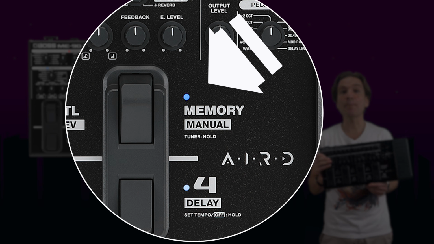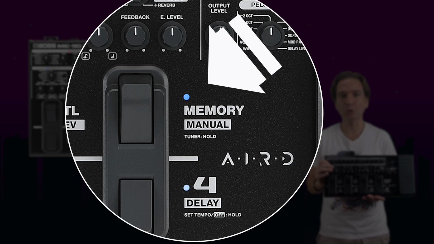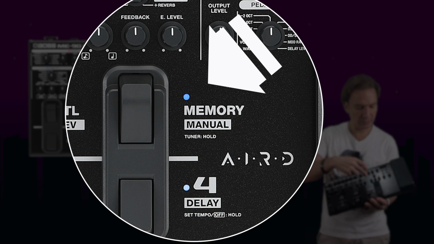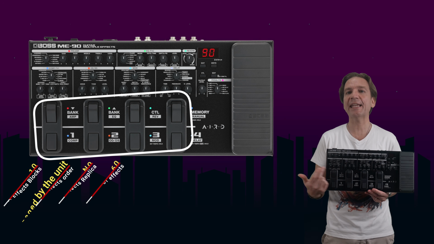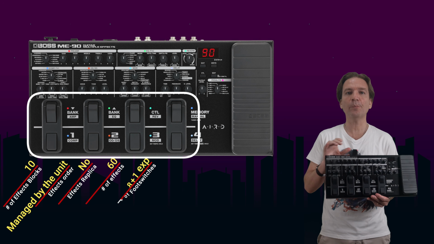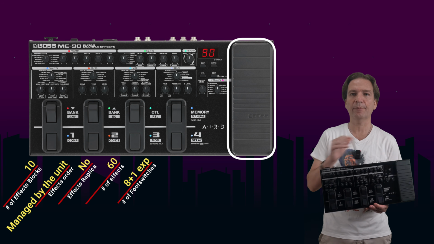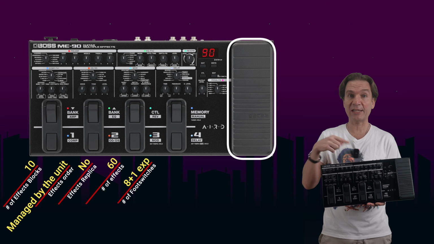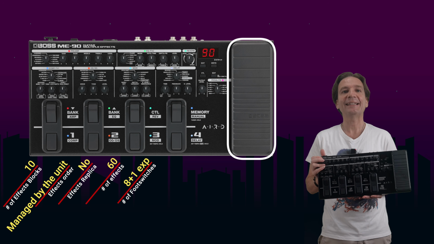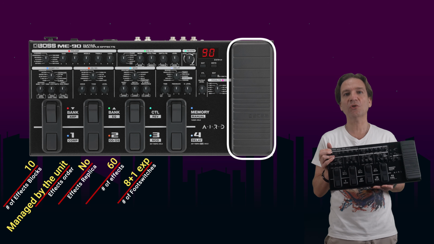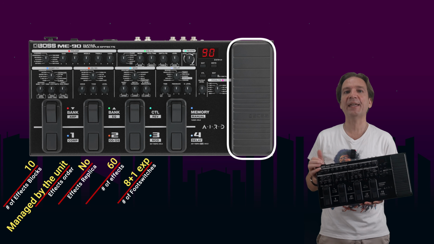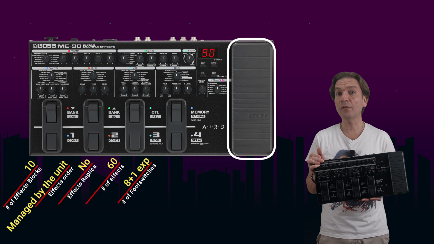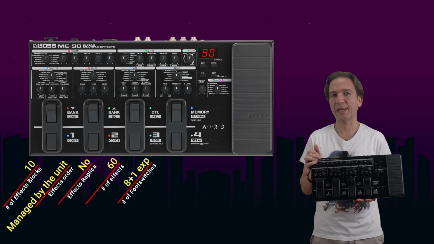You can select the manual mode or the memory mode using the fourth foot switch. The foot switches are 8 in total, and the expression pedal is built in. The expression pedal can switch on and off the effect to which it is associated, like a wah-wah, by pressing the toe end of the pedal itself. If it is off, it acts as a volume pedal.